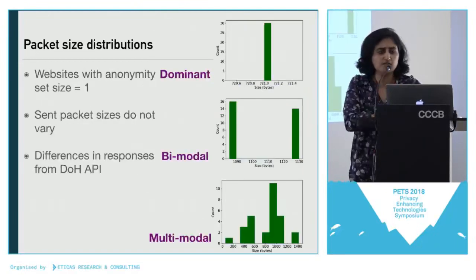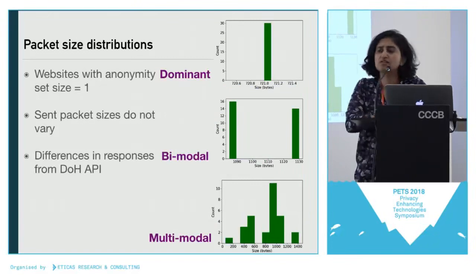After this, we were interested in analyzing whether these DNS query response sizes remain the same, or whether they change within a very short period of time. So we took the subset of the web pages with anonymity set size equal to 1, and we ran the same experiment multiple times within a short span of time. Then we looked at the sizes of the queries and the responses.